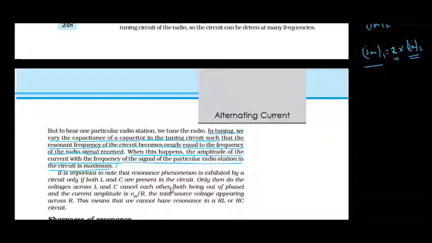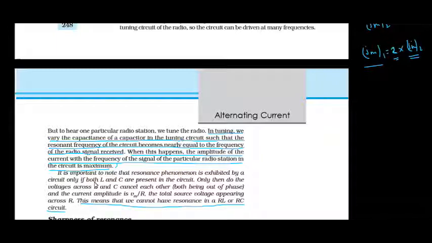Only then do the voltages across L and C cancel each other, both being out of phase, and the current amplitude is Vm by R, the total source voltage appearing across R. This means that we cannot have resonance in an RL or RC circuit. Remember, this is also very important.